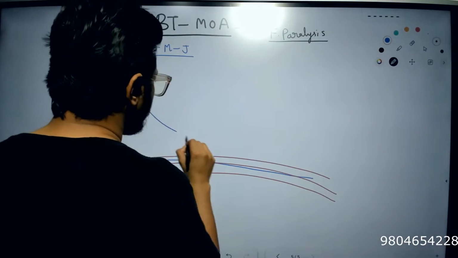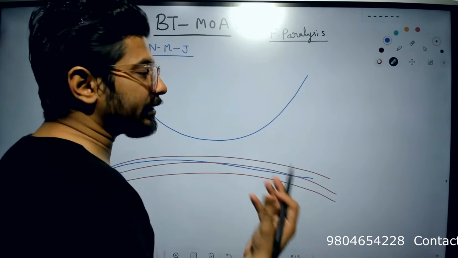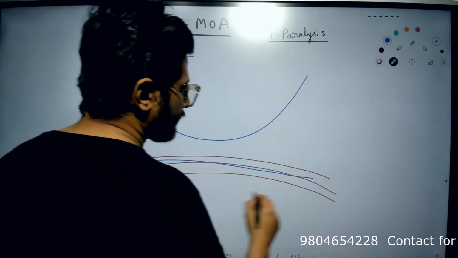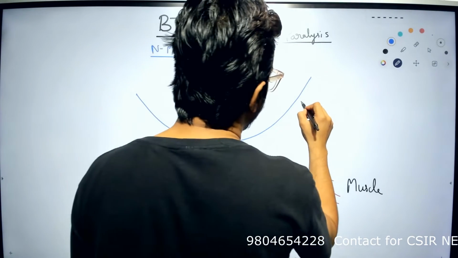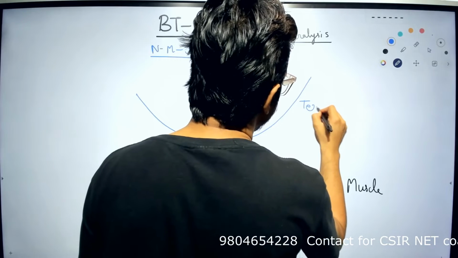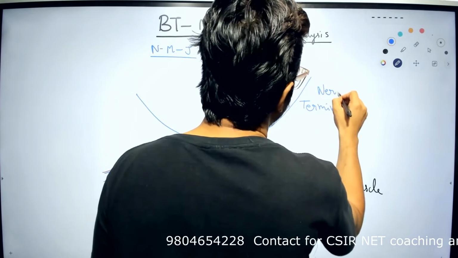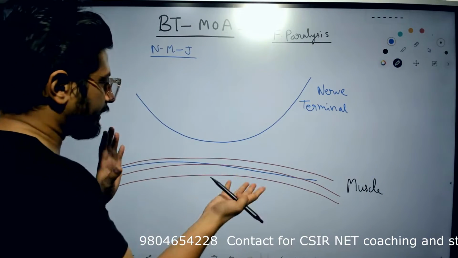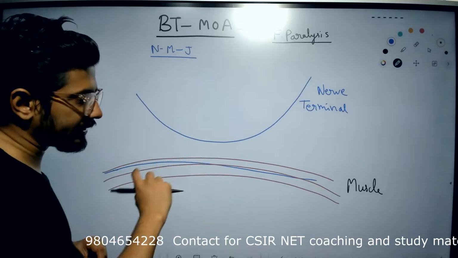This is the neural layer, the axon terminal, and this is the muscle layer. This is the nerve terminal, and there is a gap between the nerve terminal, the axon terminal, and the muscle.